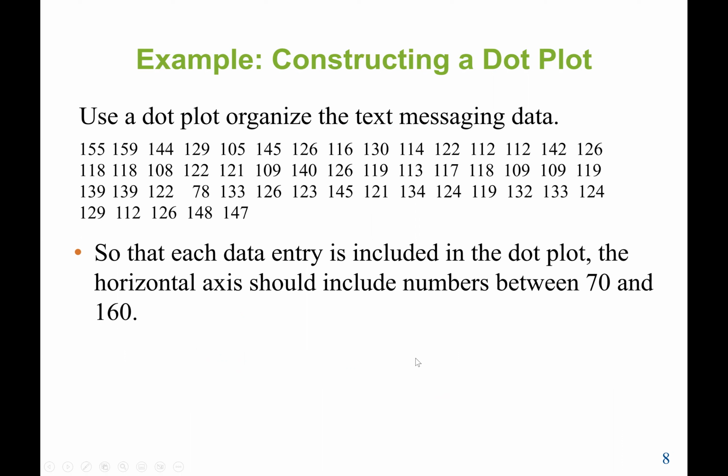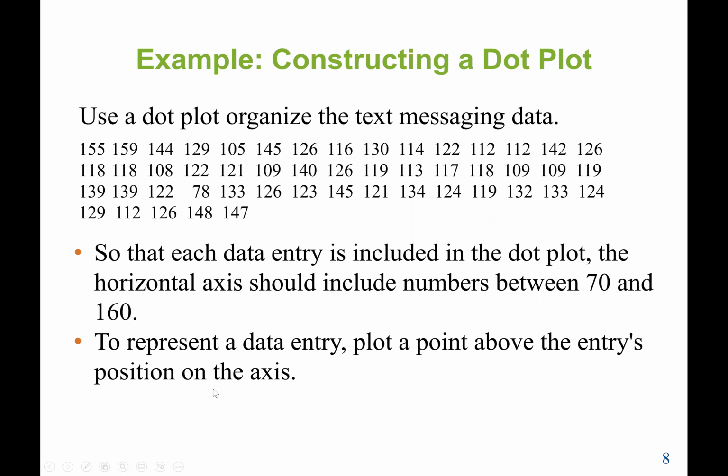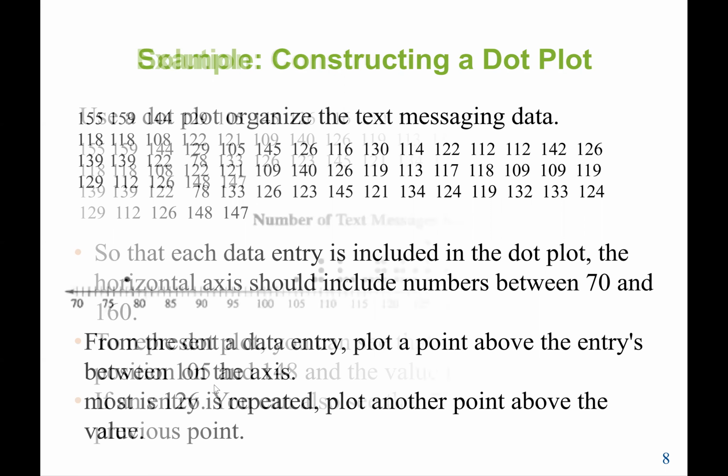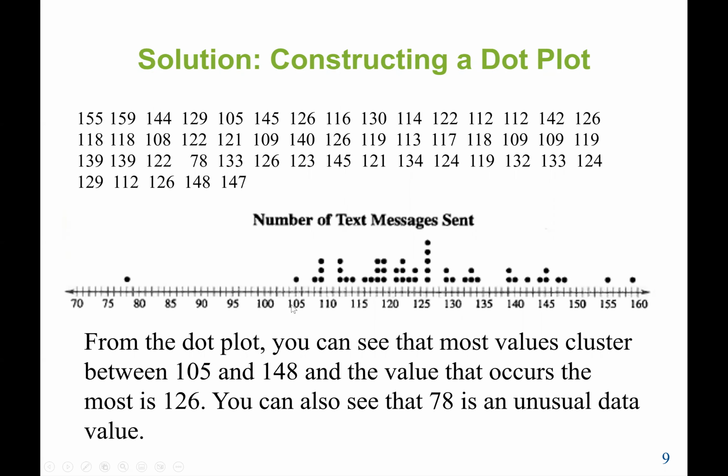So again, first thing we look at is the lowest value, which is 70, and the highest value, which is 160. So I'm going to plot a vertical line starting from 70 to 160. Then our first value is somewhere around 78 or 79, so 78, we have 1.